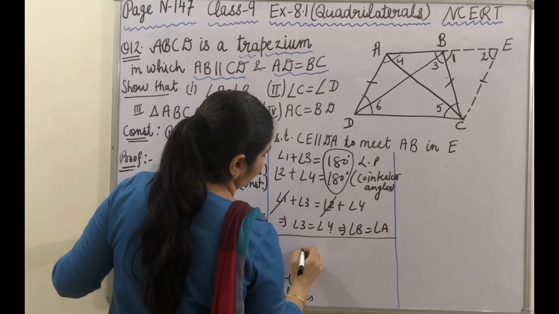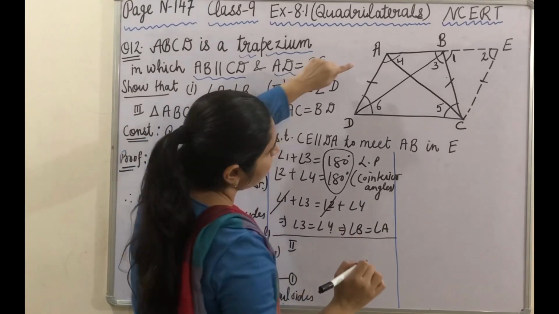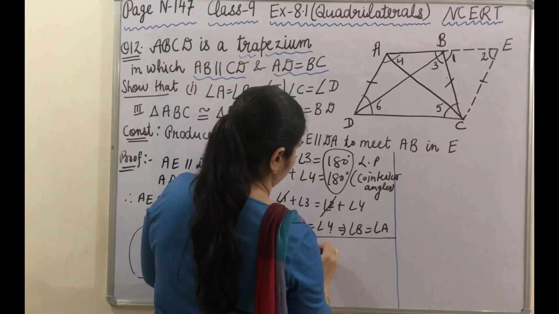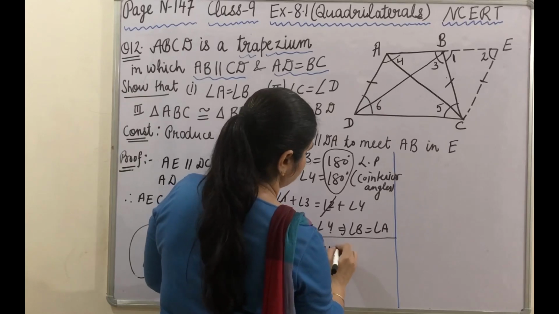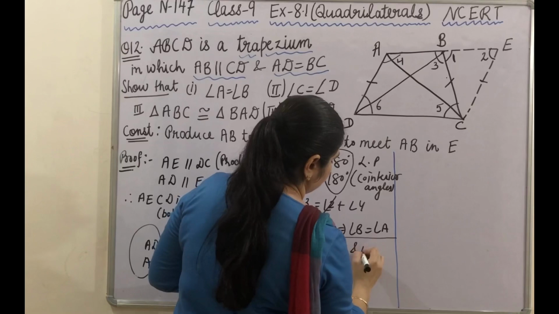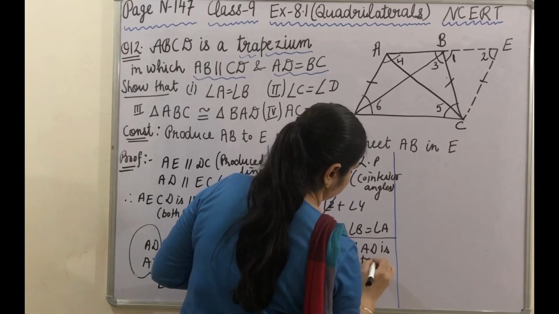Now I am doing the second part. Write the reason first. AB is parallel to DC. These two are parallel and AD is a transversal.